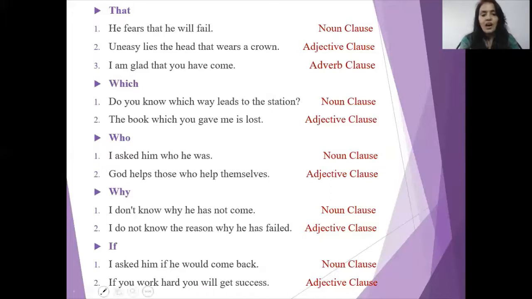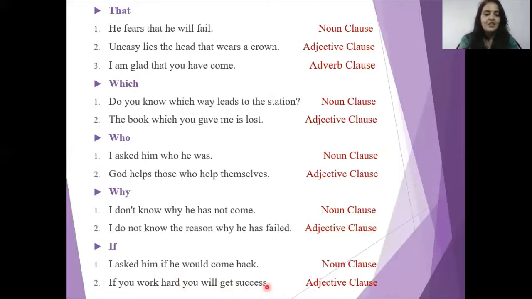If you work hard, you will get success. If you work hard, this is the dependent clause. You will get success, this is the principal clause.